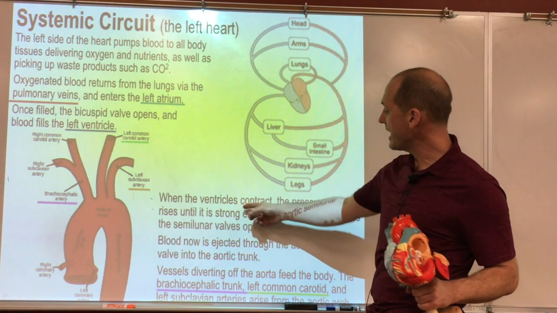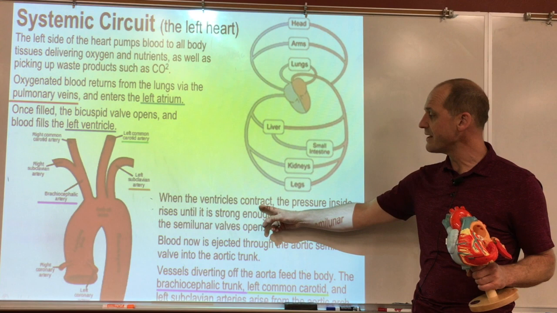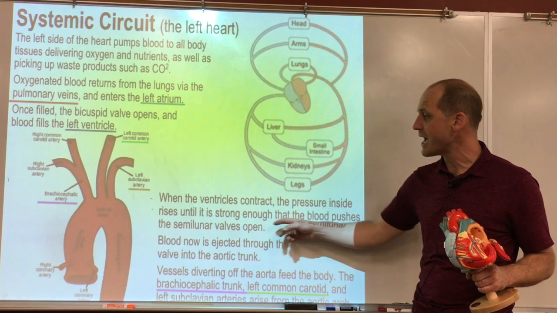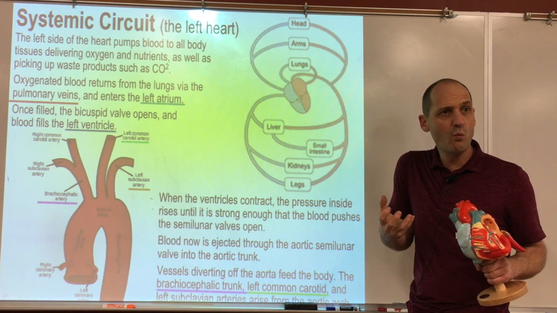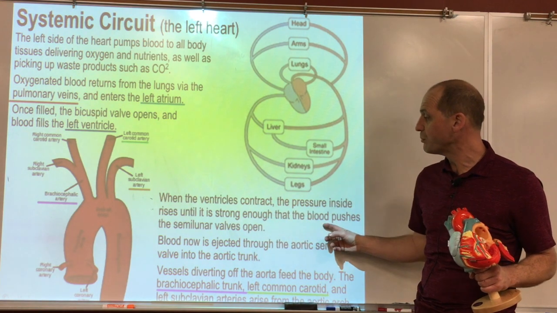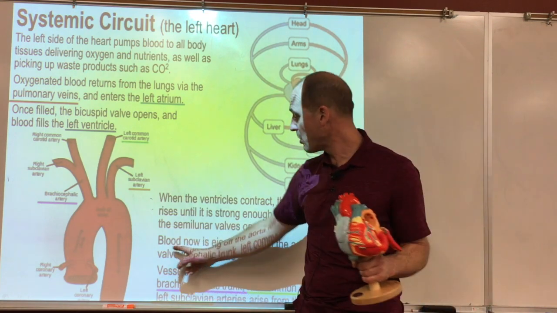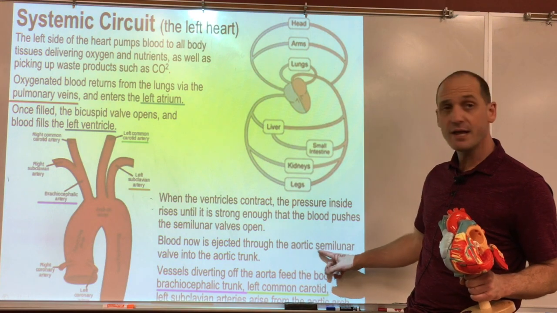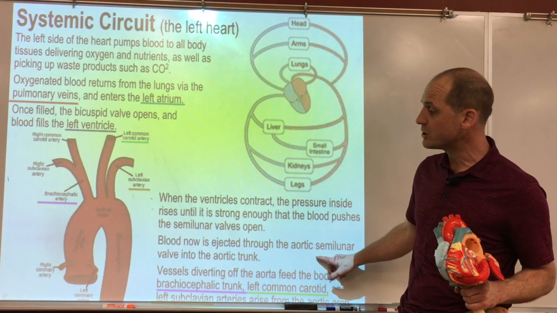So when the ventricles contract, this is important, the pressure inside the ventricles rises and gets bigger until it's strong enough that the blood pushes the semilunar valves open, and from there the blood is ejected, on this left side, through the aortic semilunar valve into the aortic trunk.